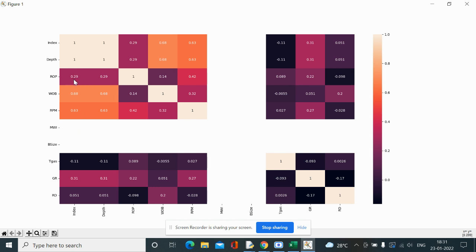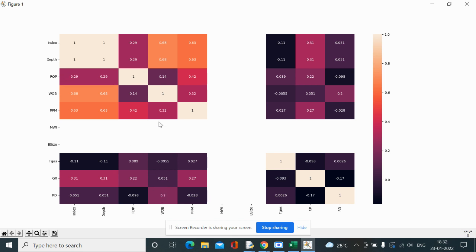ROP to depth has a marginally positive correlation, and the correlation number is 0.29, so approximately 30% correlation is there. ROP to ROP is 100% correlation.